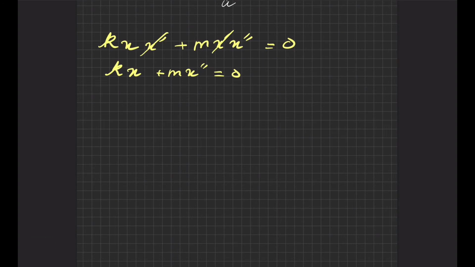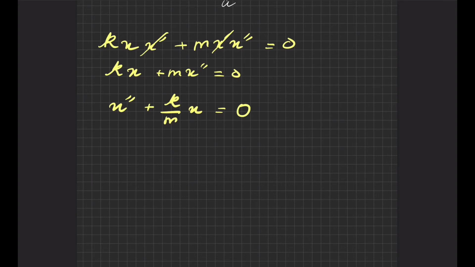We can make it look a bit more decent, where we will have x double prime without any coefficient, plus k over m x, just x without prime, equals 0.